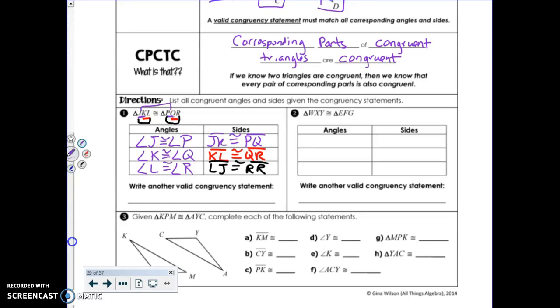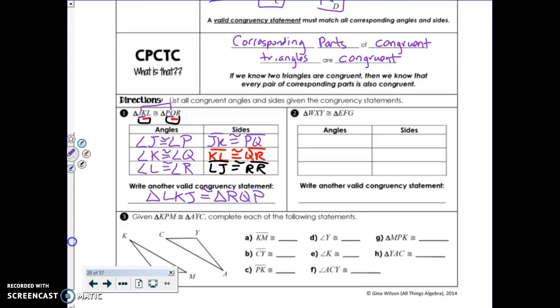So I'm going to let you do number 2, practice that. Oh, before I go on, it talks about having another valid congruency statement. So that would be rearranging the letters. So we're going to do triangle LKJ is congruent to triangle RQP.